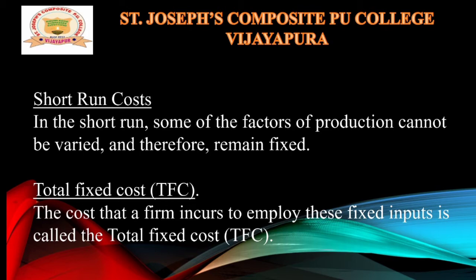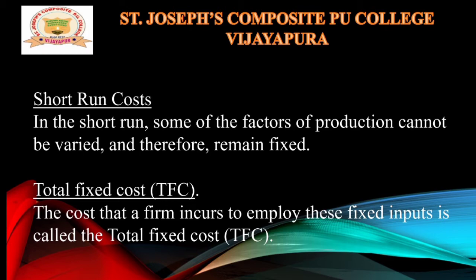So those fixed factors of production are there. For that, if the firm makes payment, it is called fixed cost, and it does not change with the change in the level of production. Why?